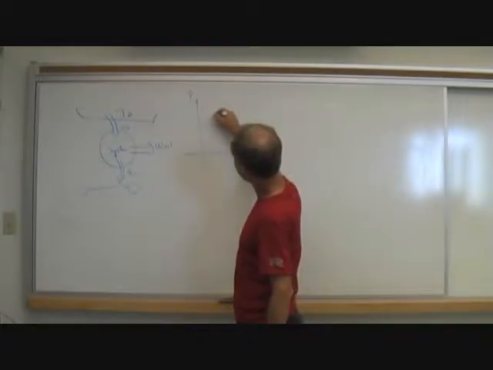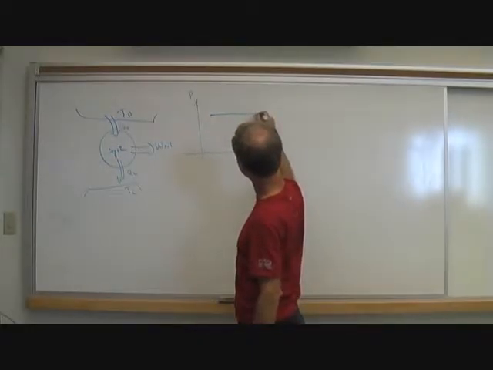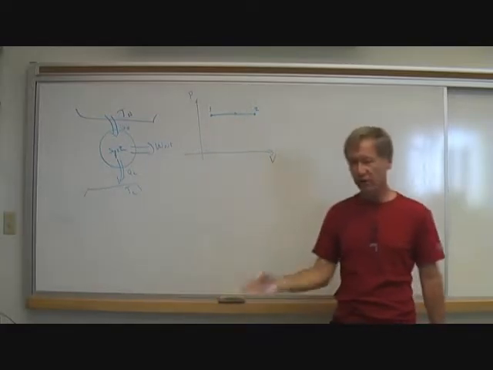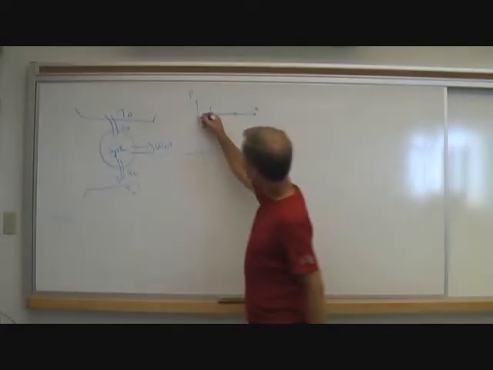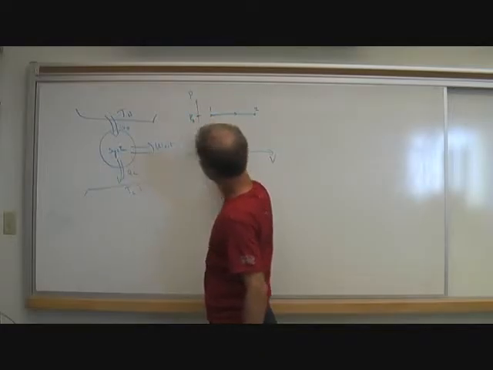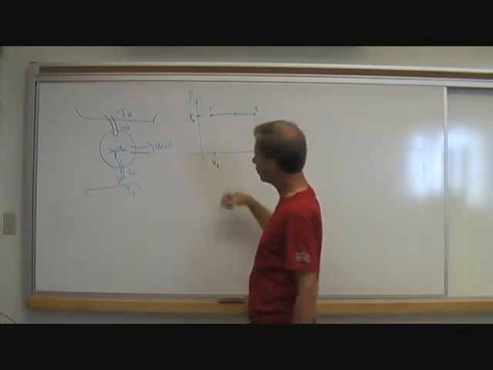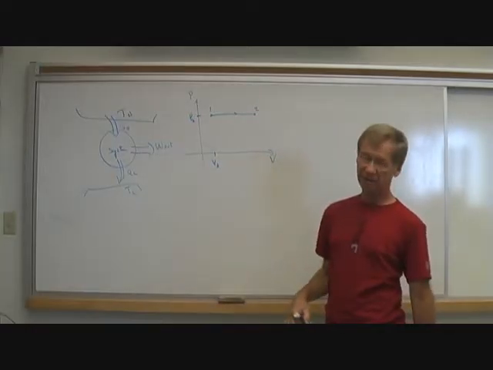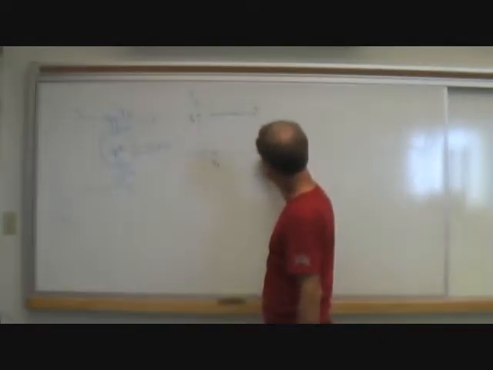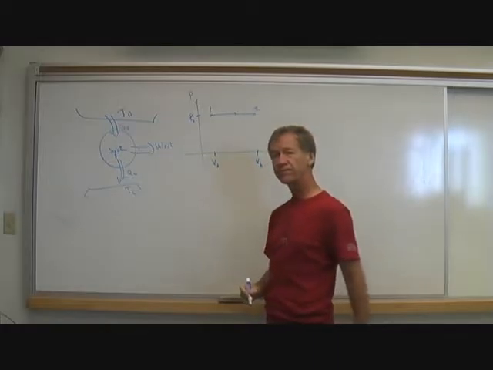And now I'm going to go from 1 to 2, as I did before, with a constant pressure process. And I'll call this a P sub H for the high pressure. And here is V sub L for the volume, the low volume. Here's V sub H for the high volume.